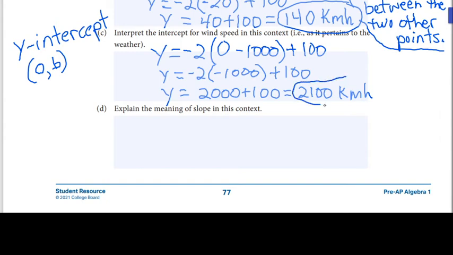Okay? Now it says to interpret the intercept in terms of wind speed. Okay?